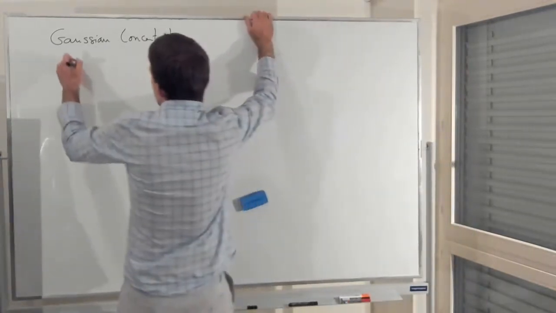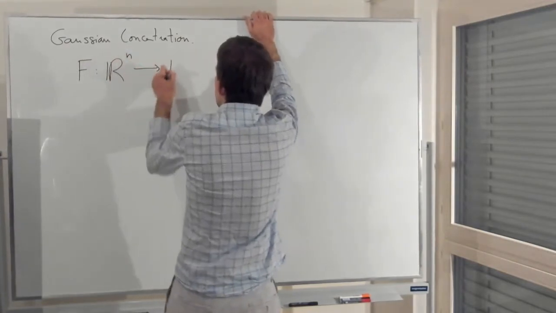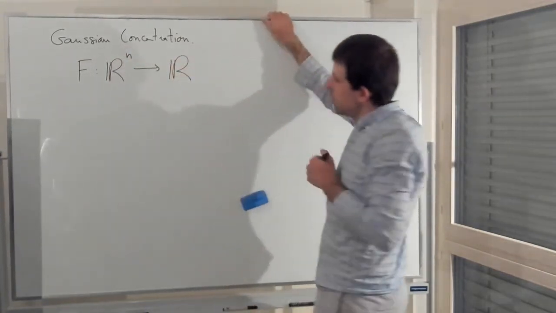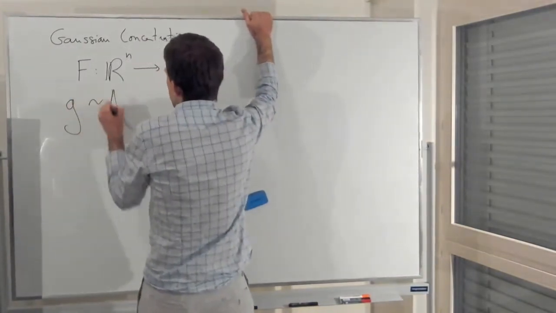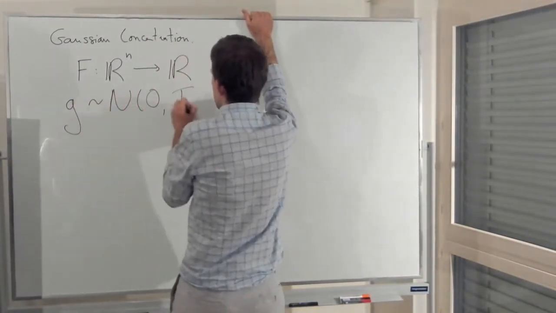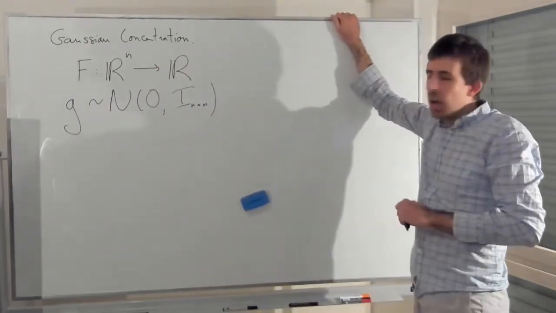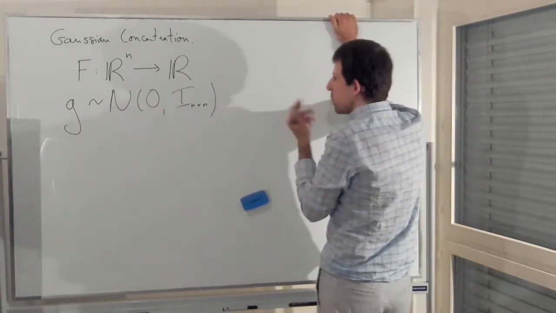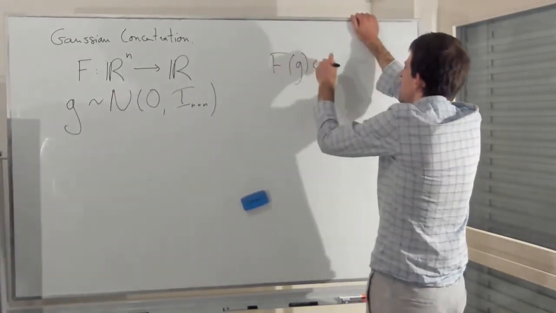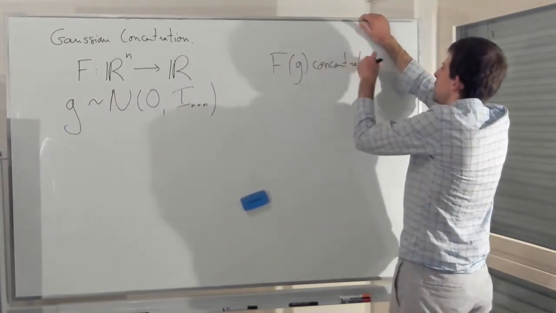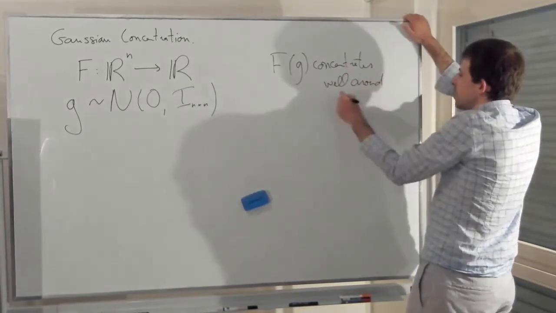So let's say we have a function f going from R^n to R. And Gaussian concentration will say that if g is a Gaussian random variable, so just a vector with n IID Gaussians, then f(g) concentrates well around its mean.